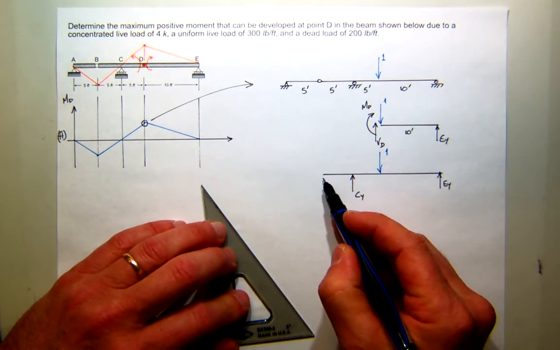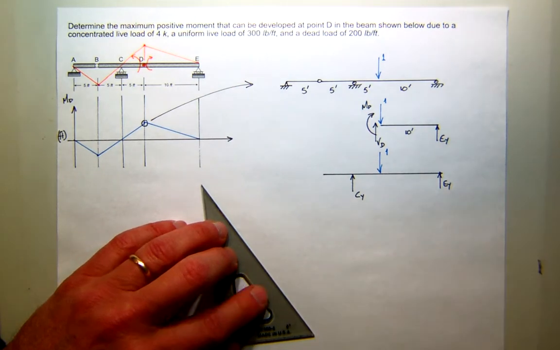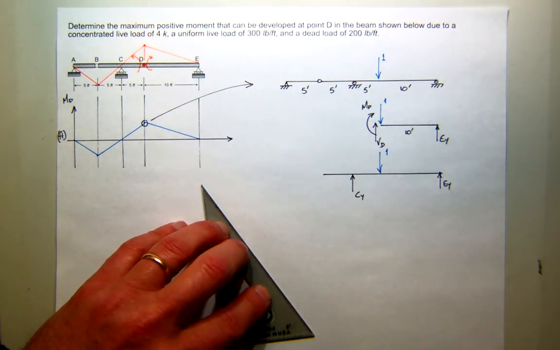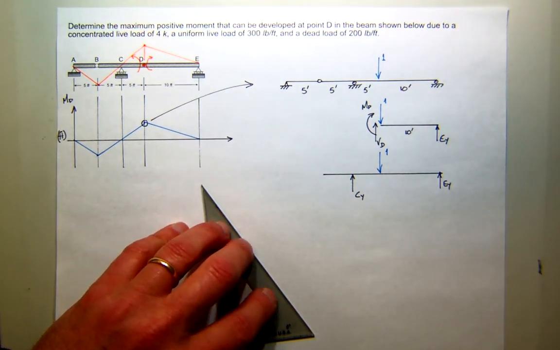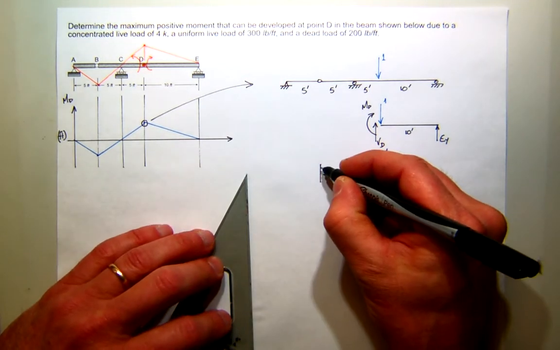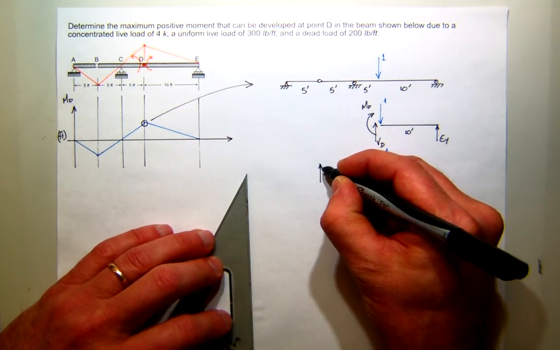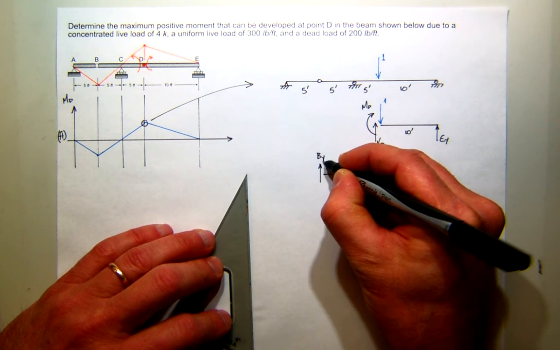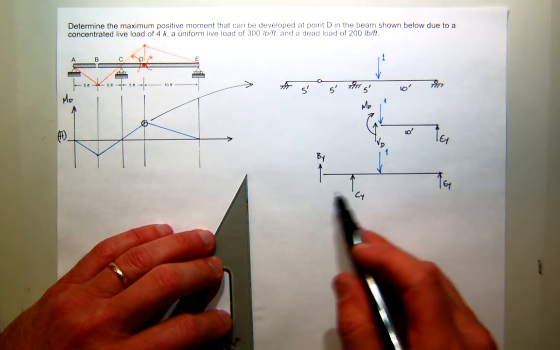And then what's here? That's B. I would have some possible value there, BY. And I'll assume it's positive. Can I find EY from all that?